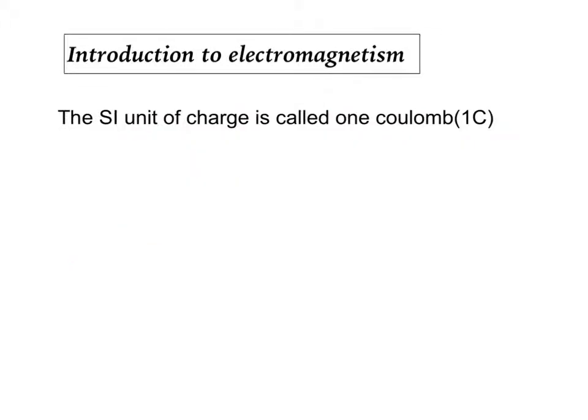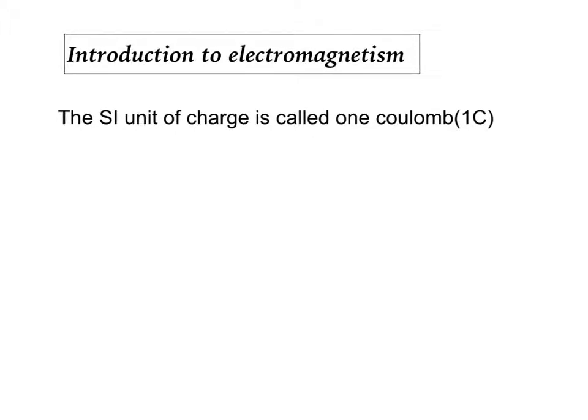And before we talk about the constant K, I'd like to talk about the unit of charge. The SI unit of charge is called 1 Coulomb and denoted as 1C.